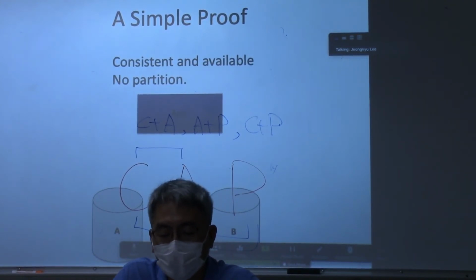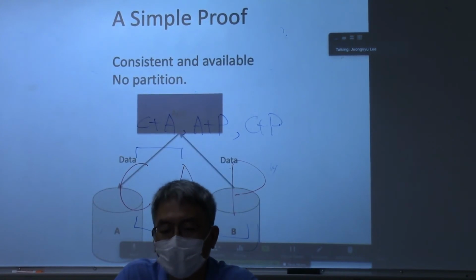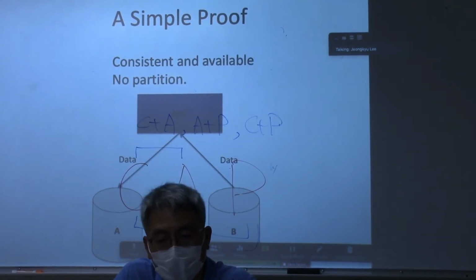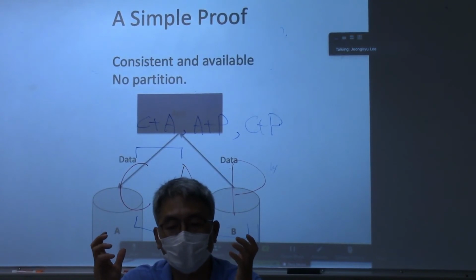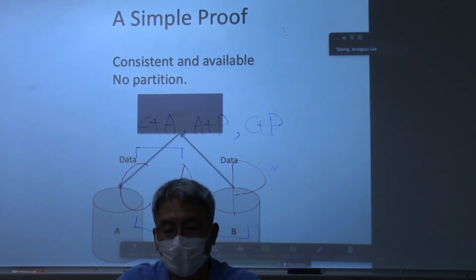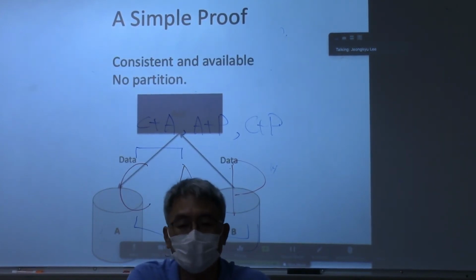Partition means the data is not centralized, so you can have data A or data B. Being consistent and available means that when a user accesses either A or B, the result should be the same, synchronized, consistent, and available at the same time.